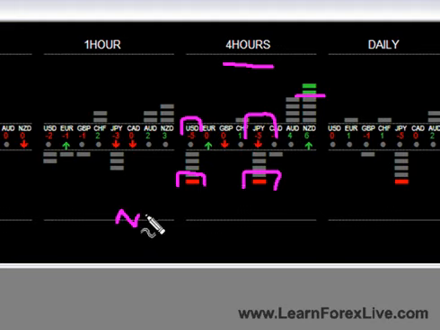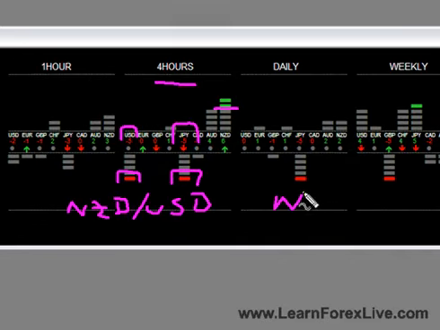So you have two options: to search for long opportunities on the New Zealand dollar against the American dollar, or to search for long entries on the New Zealand dollar against the Japanese yen.